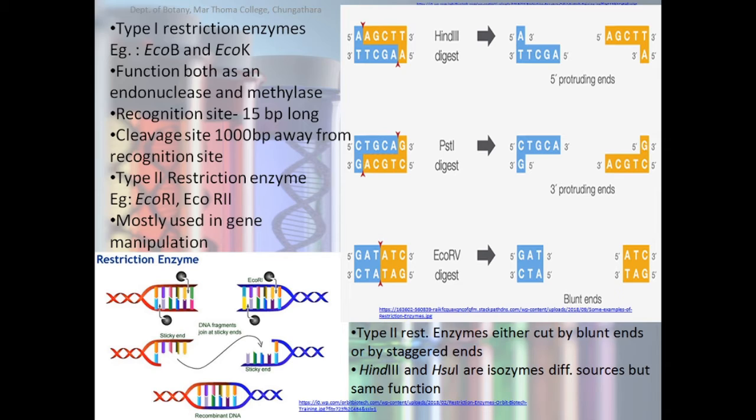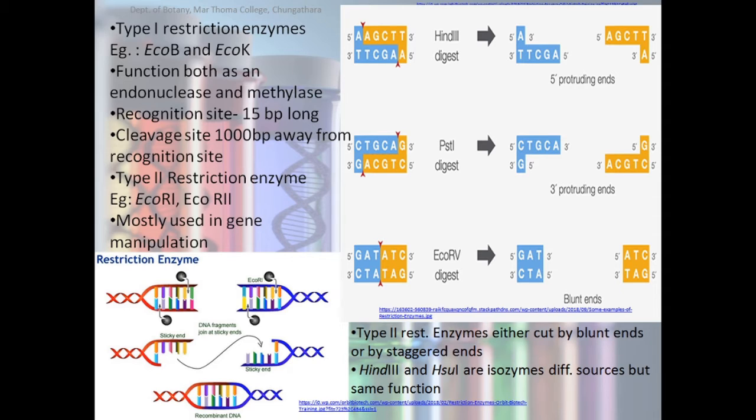That is, they use this as a mechanism for defending themselves against any invading DNA like phage DNA, etc. So the first type identifies a random point and cleaves the DNA in a totally different place.